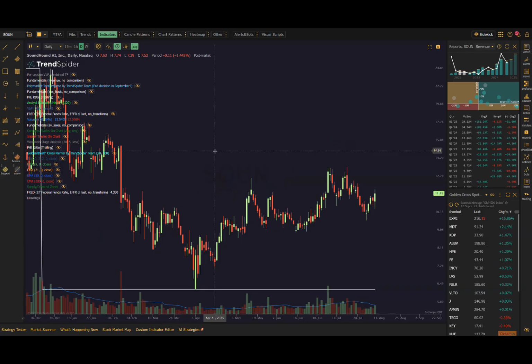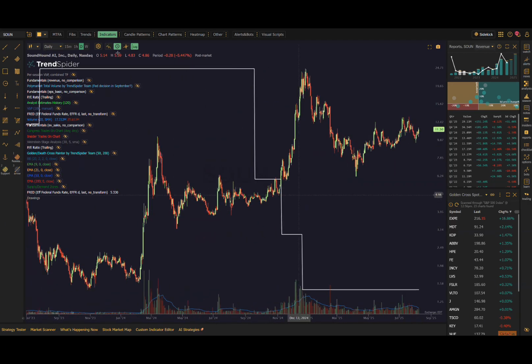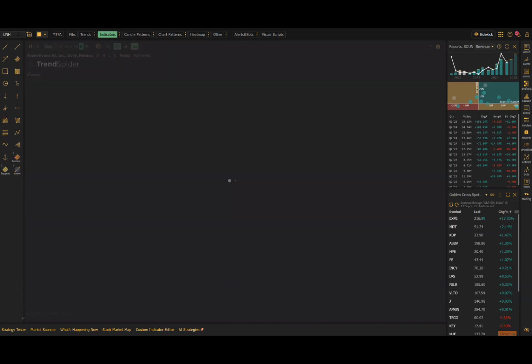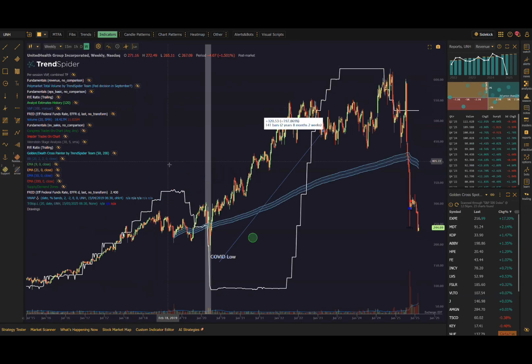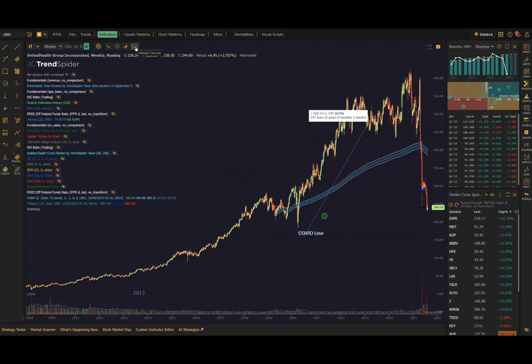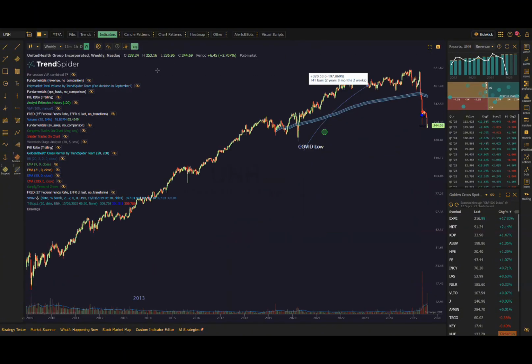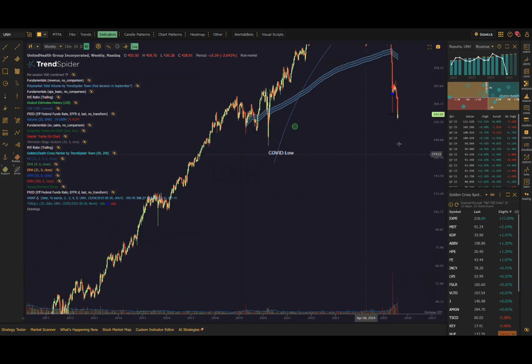And then what was the log scale? Log scale is just logarithmic. A good way to look at it is on UNH. Most charts are linear. But log scale, I forget the exact definition, but it kind of makes everything equal in a way. It's just a different way to look at the chart.